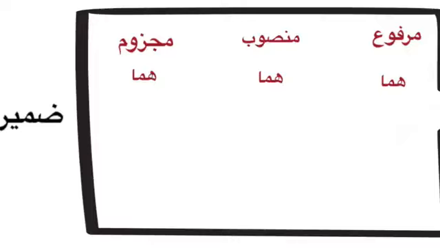Whereas in the second person things will change. Marfu will be antuma, and mansub and majroor will be kuma. So this is what we need to remember, antuma and kuma.